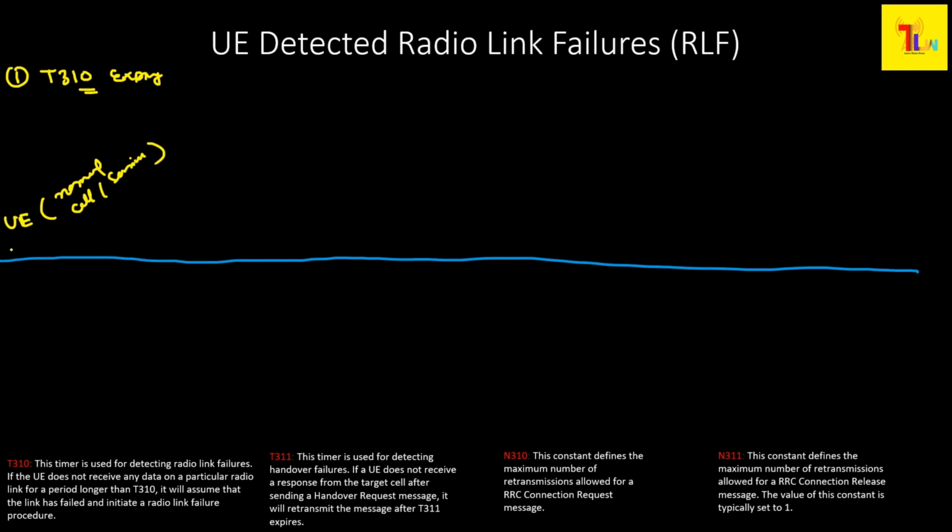There are no issues, and suddenly at this particular point, suppose we face some radio related problem. Radio related issue means any disturbance in the network, that is a physical layer related issue.